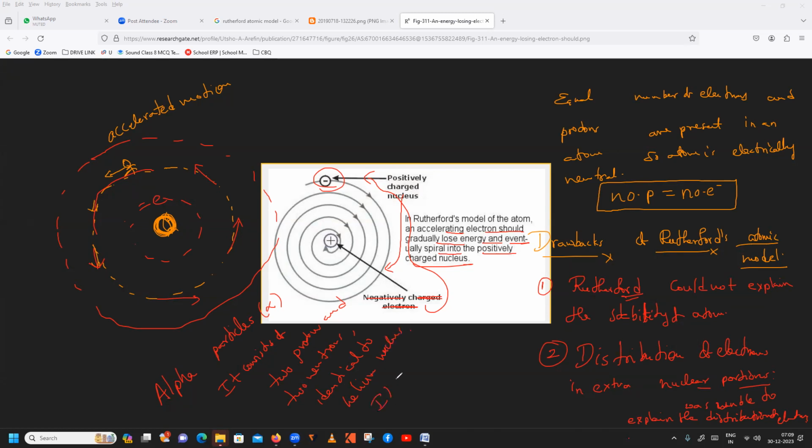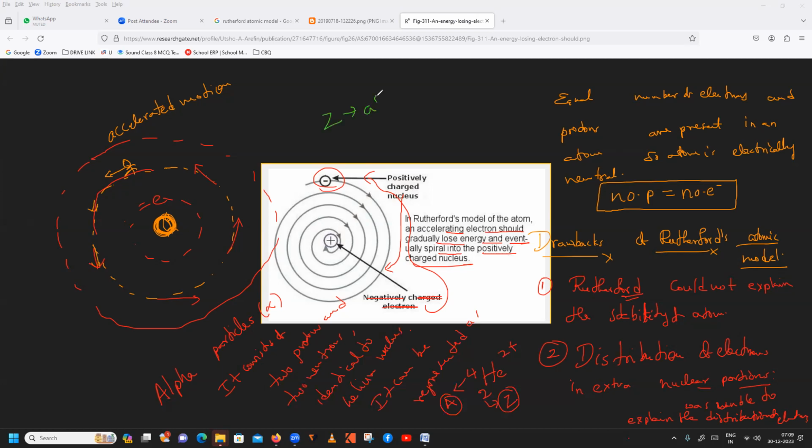It can be represented as He with 2 and 4. What are this 2 and 4? This 2 is the atomic number. 4 is what? I already taught you this. 4 is the mass number. Okay, so write it.